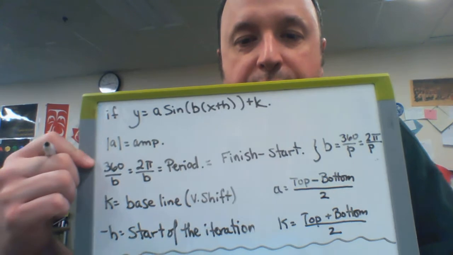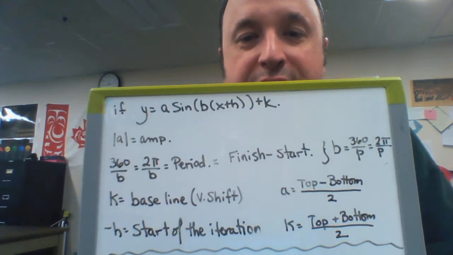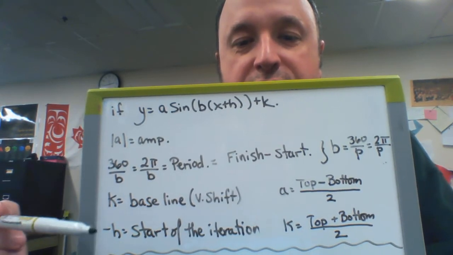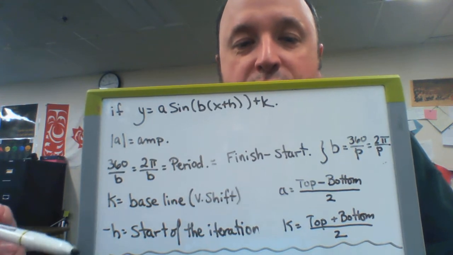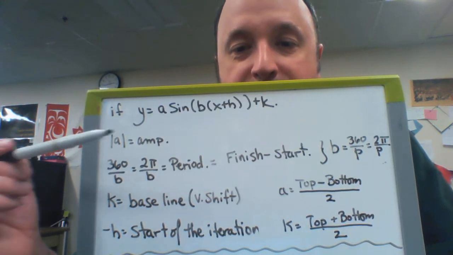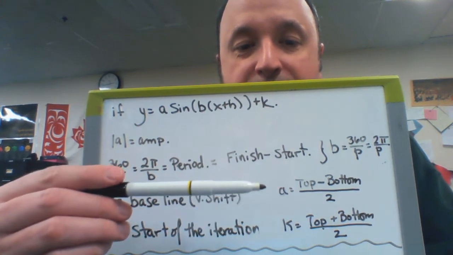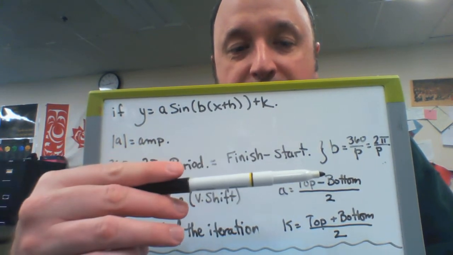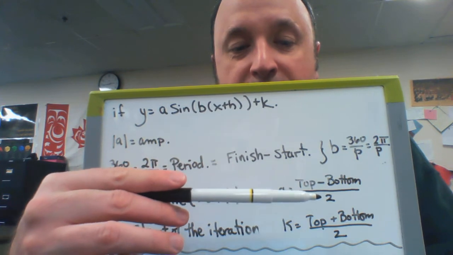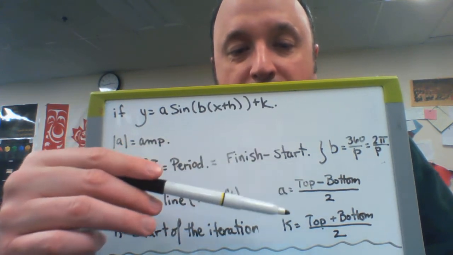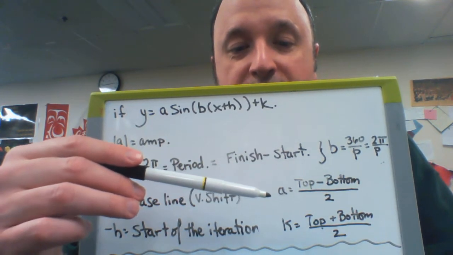All right, so here are our main adaptations from our regular functions to the sine and cosine graphs, right? The absolute value of A, we know is your amplitude. We can calculate A by taking the top number of our graph, minusing the bottom number of our graph, and dividing by 2. So you might want to just remember that or write that down for yourself.